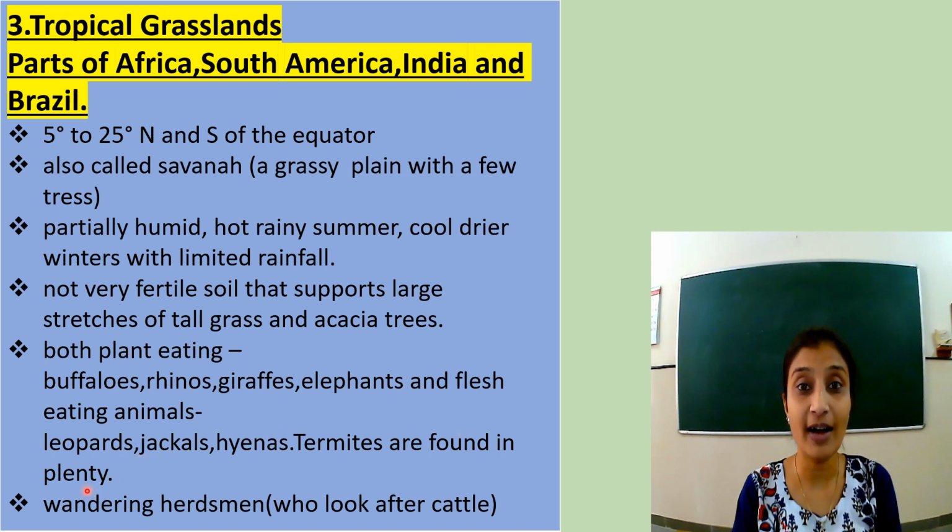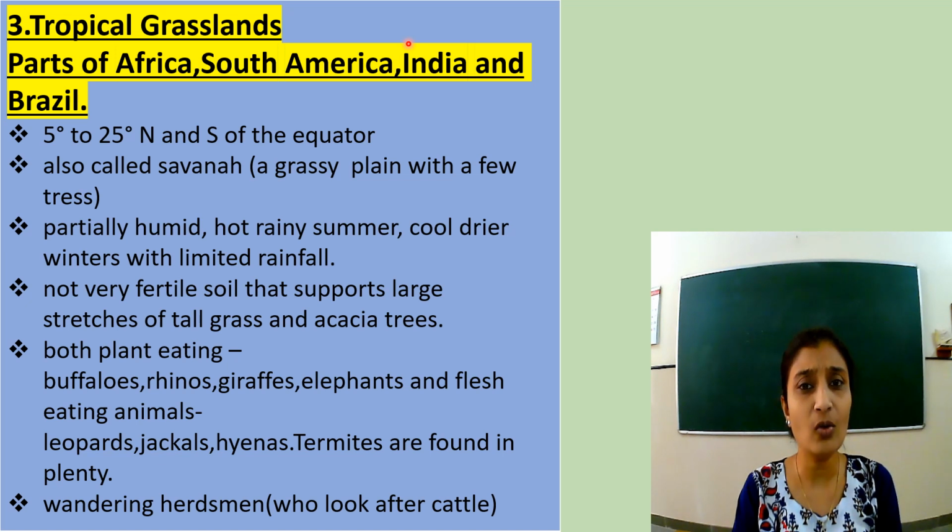You will also find wandering herdsmen. What do you mean by wandering herdsmen, children? Herdsman means the one who looks after cattle. And wandering means people who go from one place to another. Cattle like cows, sheep, goats, these are all cattle.